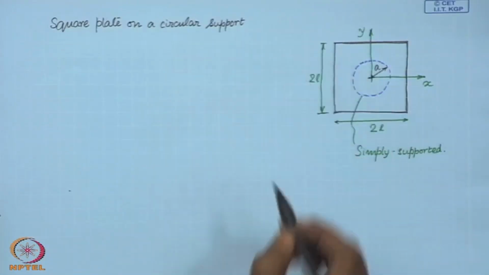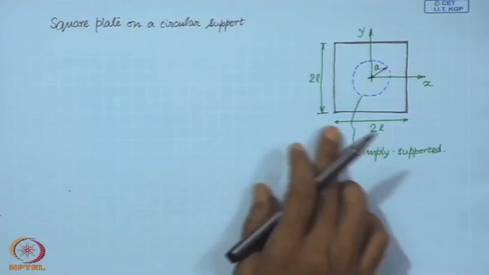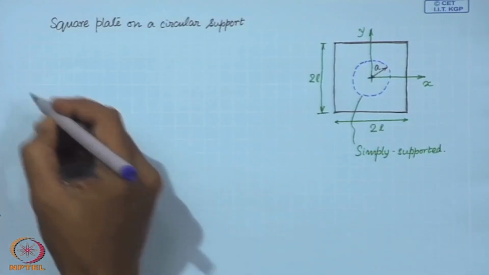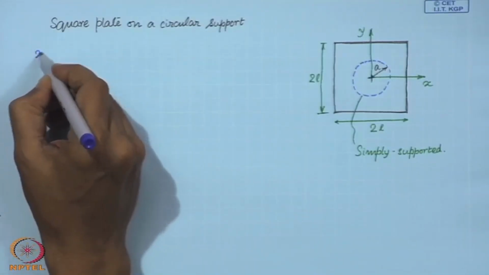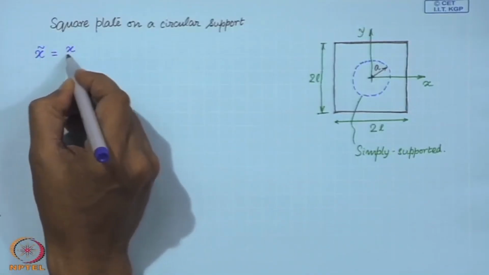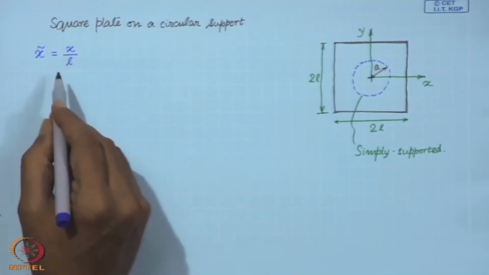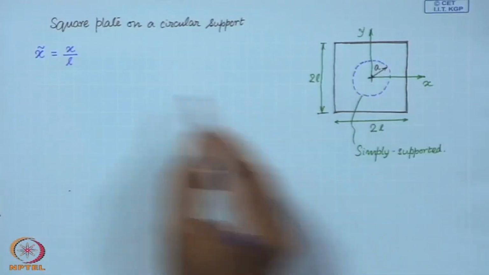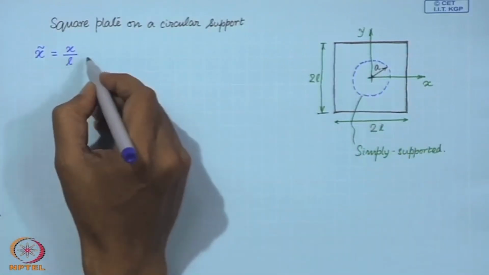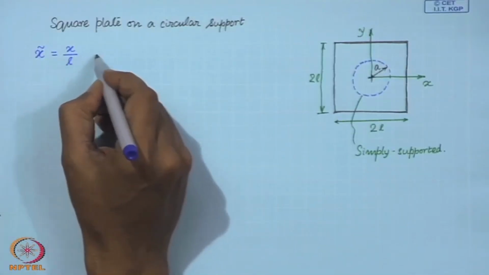Now, we already have the kinetic and potential energy expressions, but I will make some simplification, some non-dimensionalization. This x coordinate is non-dimensionalized with respect to the half length of the plate.